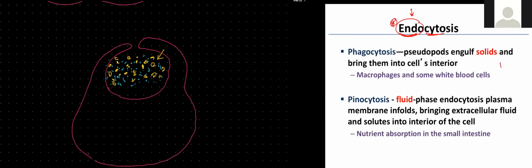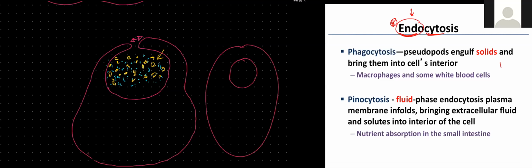And those two sides will be fusing together. And what I will end up with is a cell, and inside the cell I have the vesicle containing the fluid and the solute I wanted to move in.